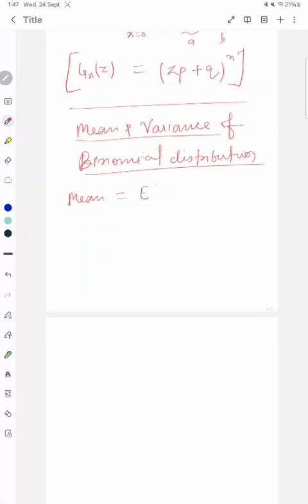Mean equal to expectation of x. We'll write here summation of x from 0 to n x p(x).